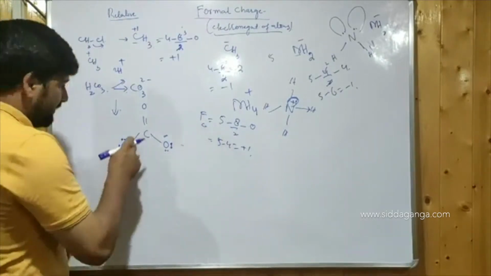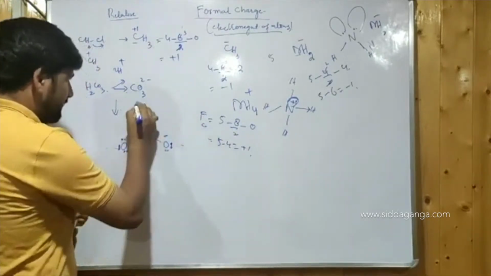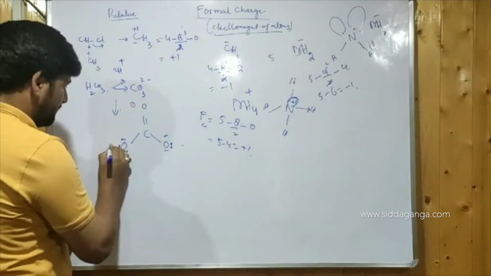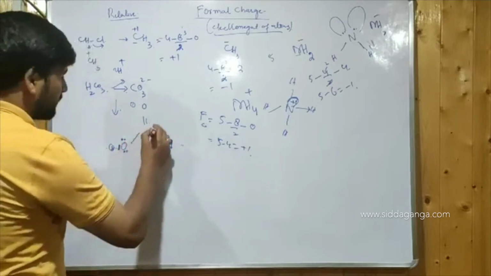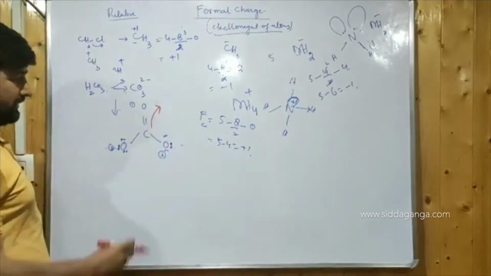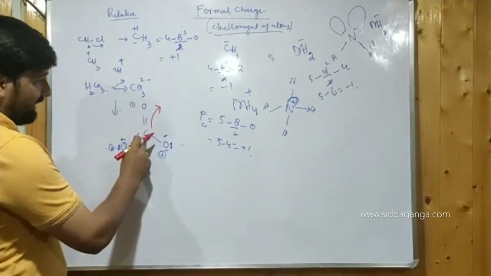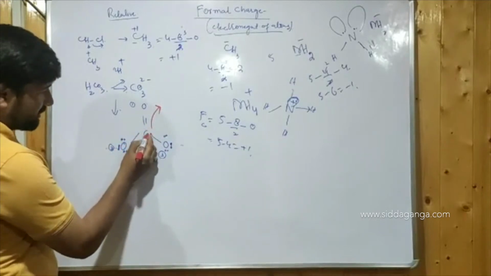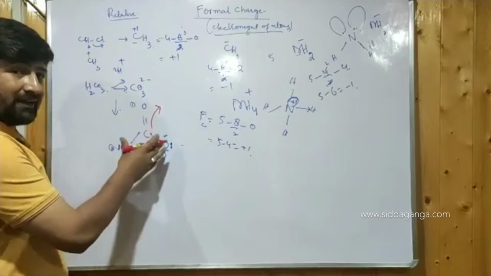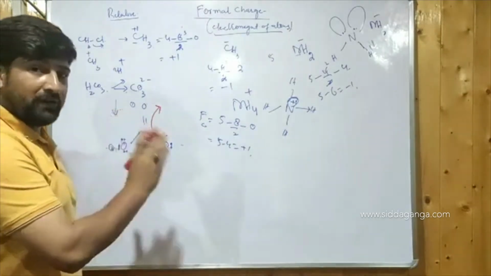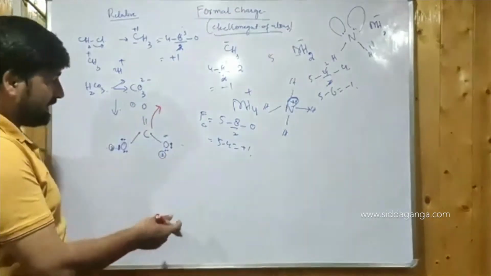Let us calculate the formal charges on carbon, oxygen number 1, oxygen number 2 and oxygen number 3. First of all, let us do it for carbon. How many valence electrons does carbon have? 4, 1, 2, 3, 4. Does it have any electron in the valence shell which has not participated in bonding, which will be a lone pair of electrons?